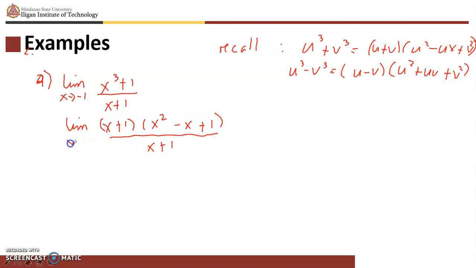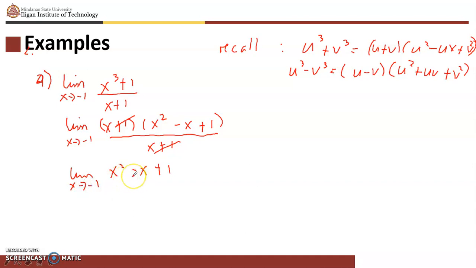And again, notice, since x approaches negative 1, that would mean x plus 1 is not equal to 0. You can cancel that out and come up now with the limit of x squared minus x plus 1 as x approaches negative 1.